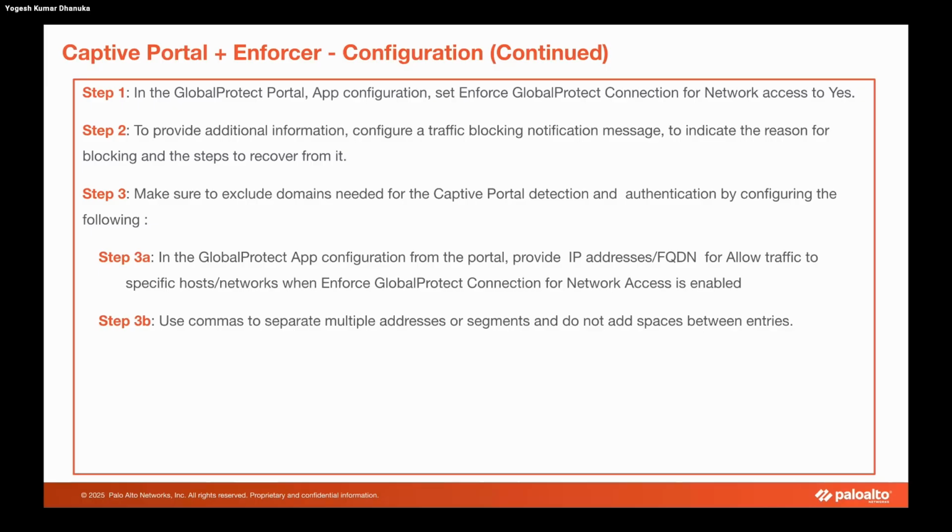You need to connect the GP in order to get that network access. So that lets the user know that there is an action they need to take. Then for known domains, you can always use the FQDN exclusion in the enforcer, which will make sure that your traffic is always allowed.